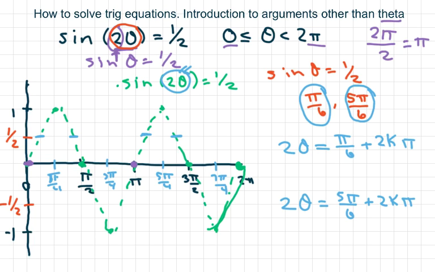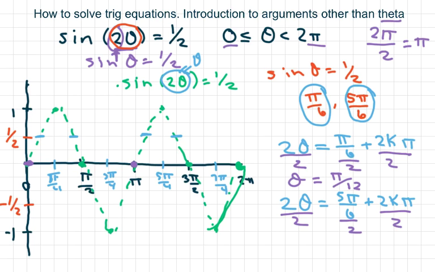To solve for theta, you divide everything by 2. So you get theta equals pi over 12 plus k pi. And for the second one, theta equals 5 pi over 12 plus k pi. All right?